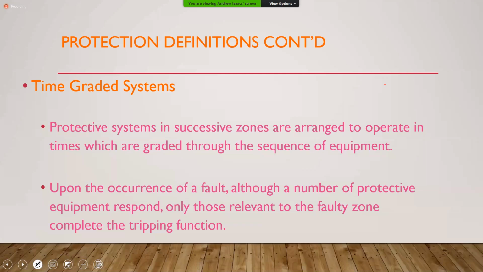And these zones are arranged to operate in times which are graded through the sequence of equipment. Now, what does that really mean? I would break up a network into different zones, right?